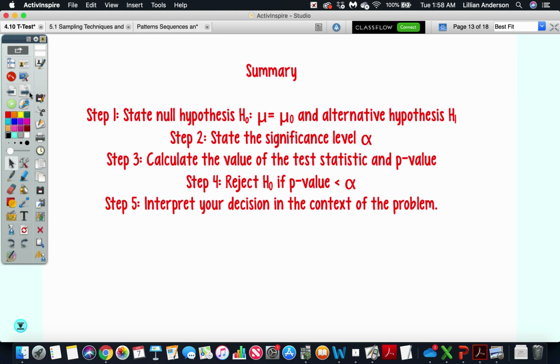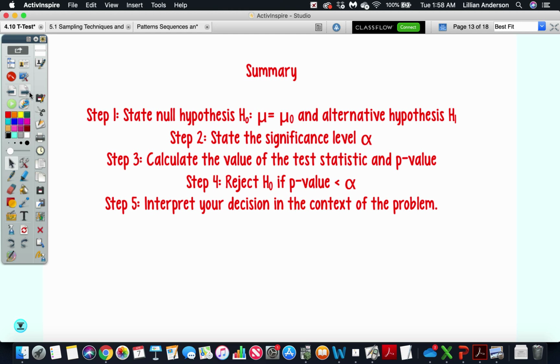So to recap, this is all about hypothesis testing. These are your steps when you're performing a t-test. Your null hypothesis is always mu equals some value, or if it's a two-sample test, it's mu1 equals mu2. Your alternative hypothesis is going to be based off the problem. It's either going to be less than, greater than, or not equal to that particular value.